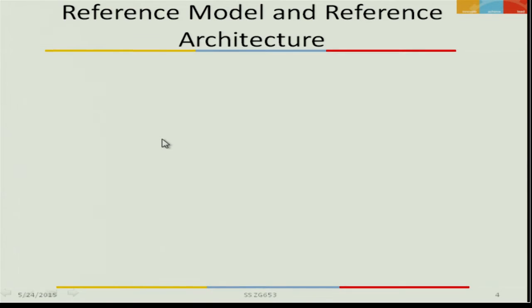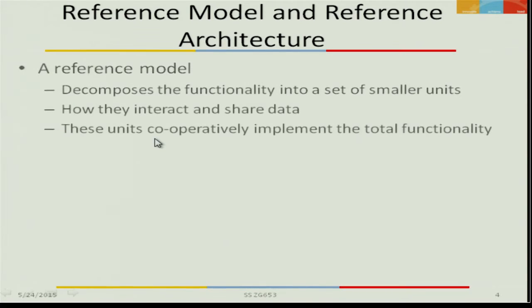In this context, it is important to understand what is called a reference model and a reference architecture. A reference model essentially decomposes the functionality into a set of smaller units.